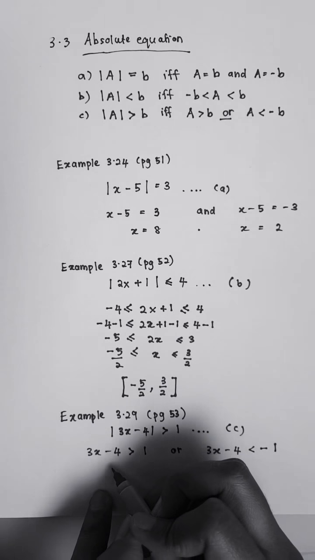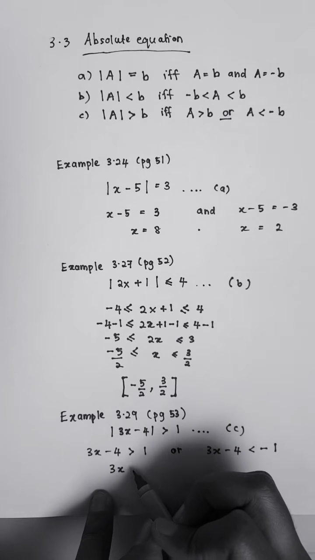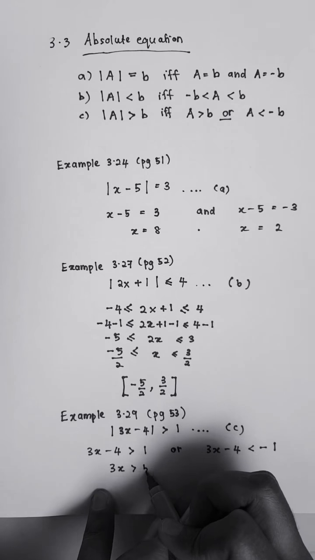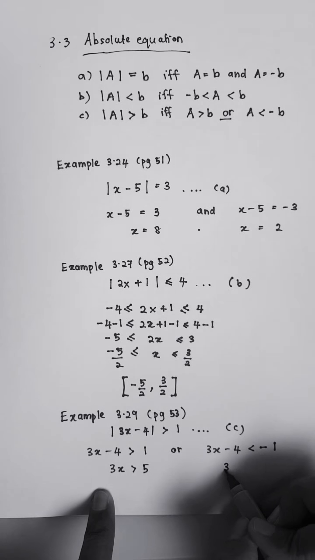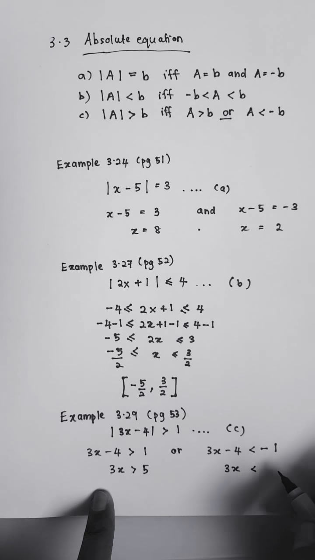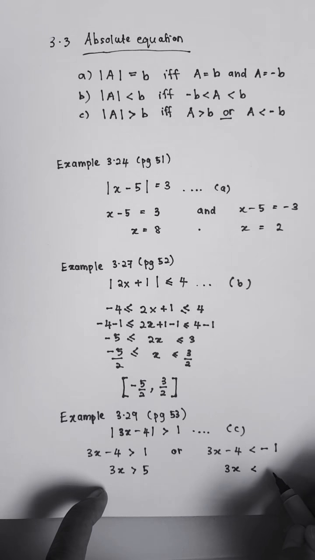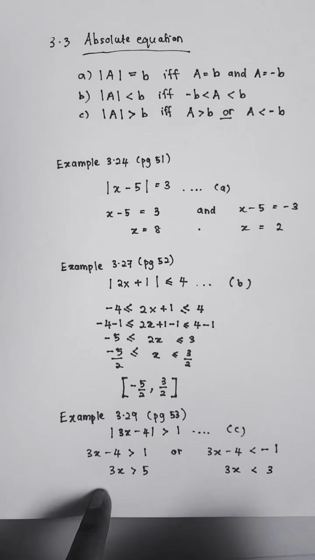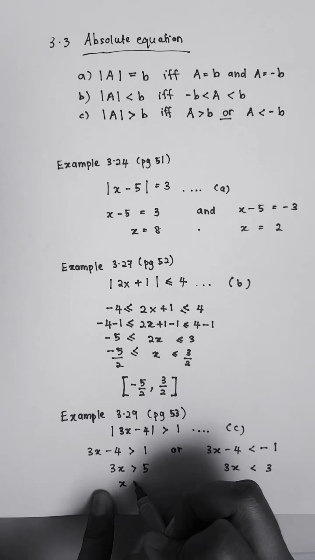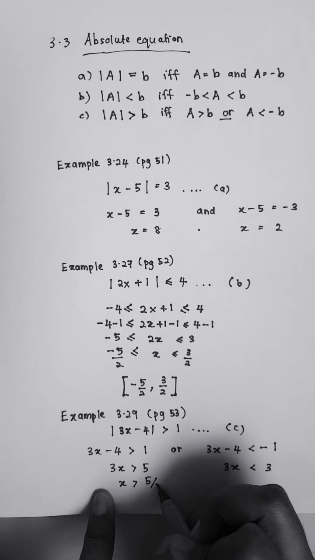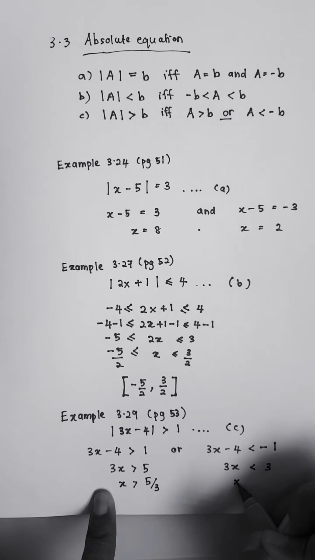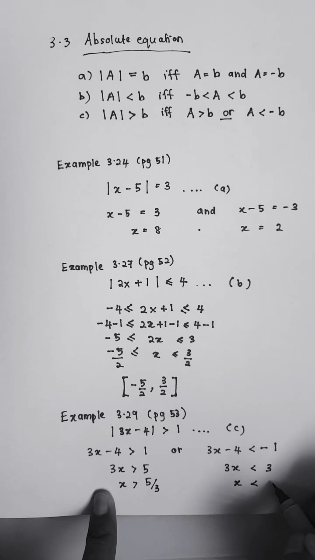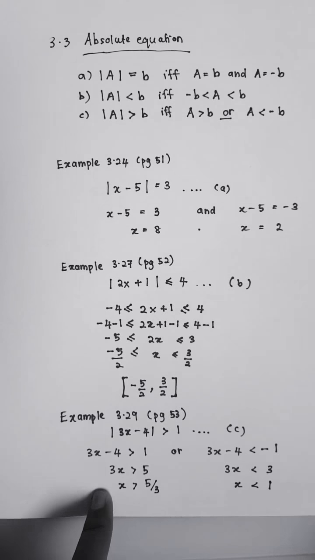So when you solve it, you get 3x, you add 4, you get 5. And for this one, you get negative 1 plus 4 is equal to 3. So divide by 3, x is more than 5 over 3, and this one x less than 3 divided by 3, which is equal to 1.